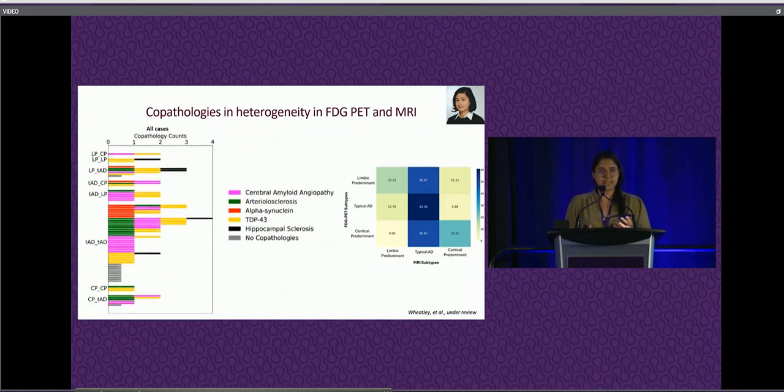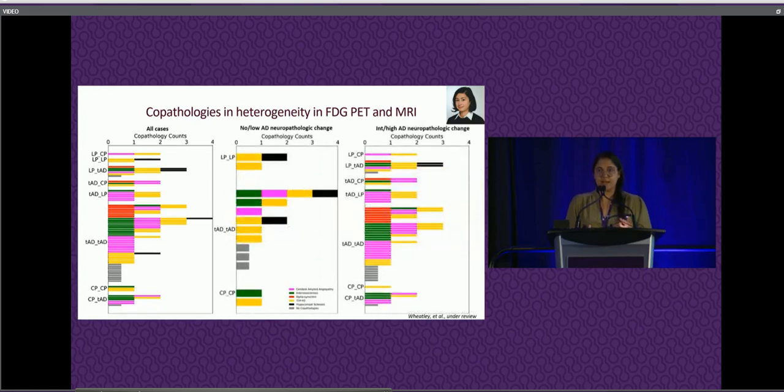So we wanted to assess the role of co-pathologies based on autopsy data. So we looked at cerebral amyloid angiopathy, arteriolosclerosis, alpha-synuclein, TDP-43, and hippocampal sclerosis. The bar plots indicate each individual, and we see FDG and MRI subtypes compared on an individual level basis. The differences we see are when we stratify by the AD neuropathologic change.